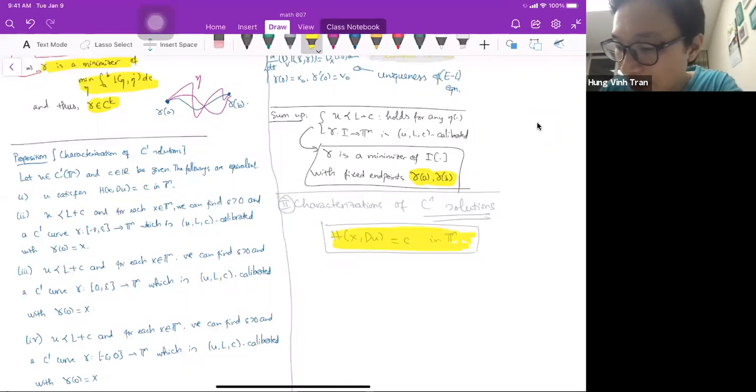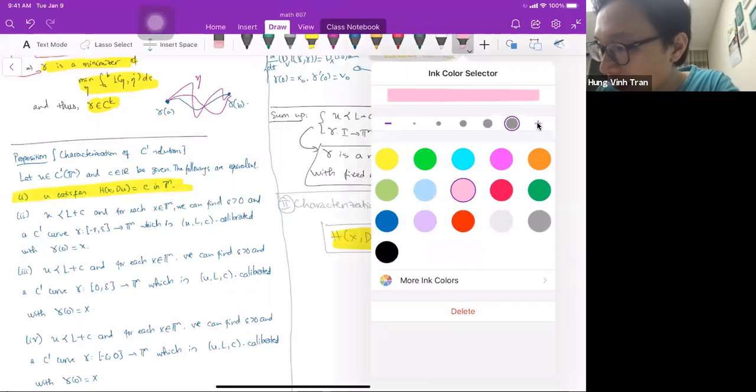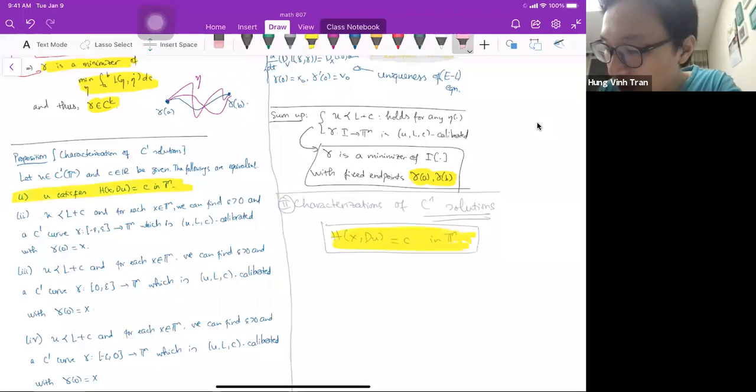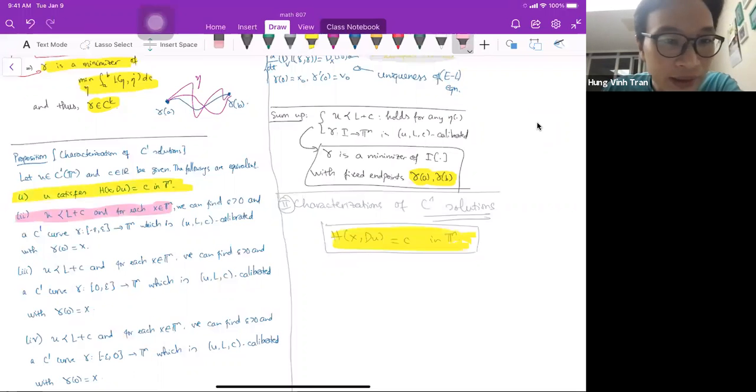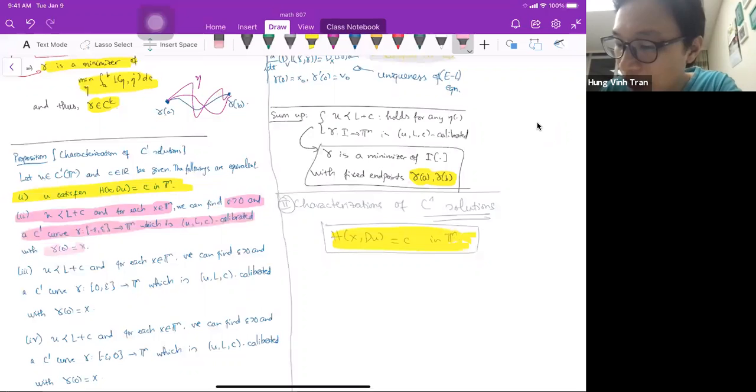Yeah, so the first claim is just what I just said. No big deal here. The second claim is that U is dominated by L plus C, and for each point X, we can find epsilon greater than 0 and a C1 curve gamma that is calibrated and goes through the point X. Okay, so this is rather a remarkable point.